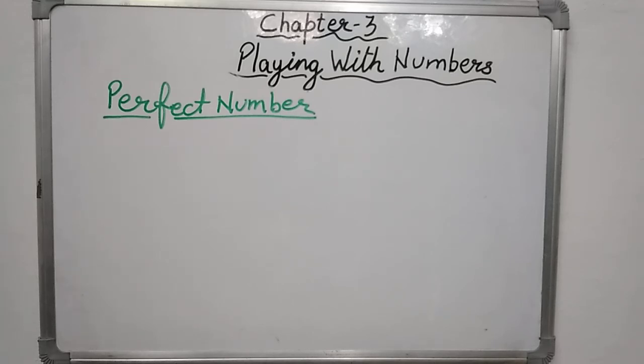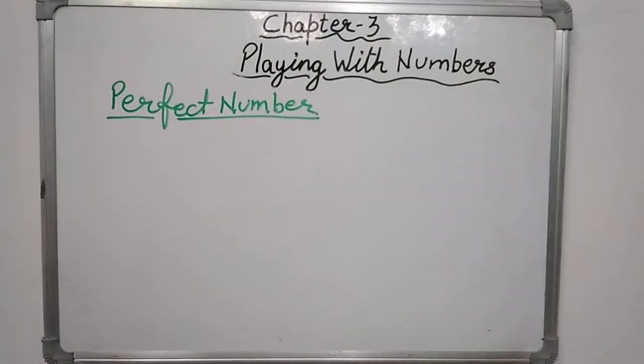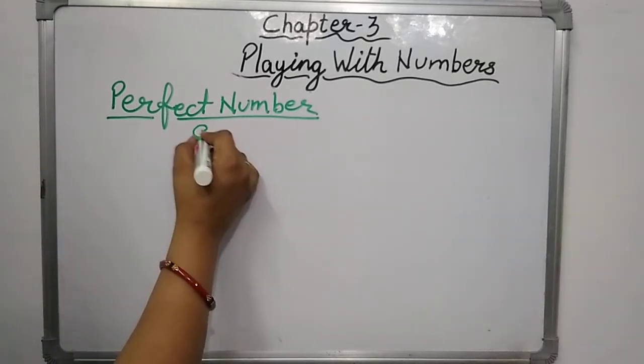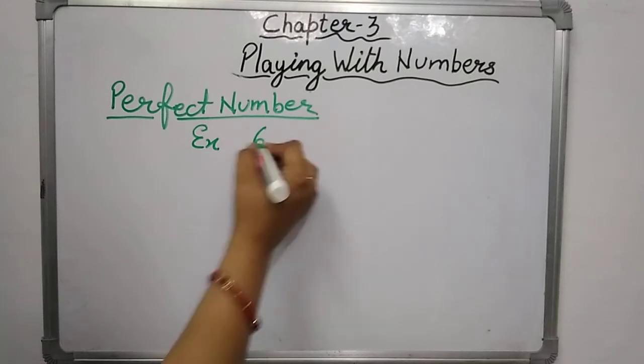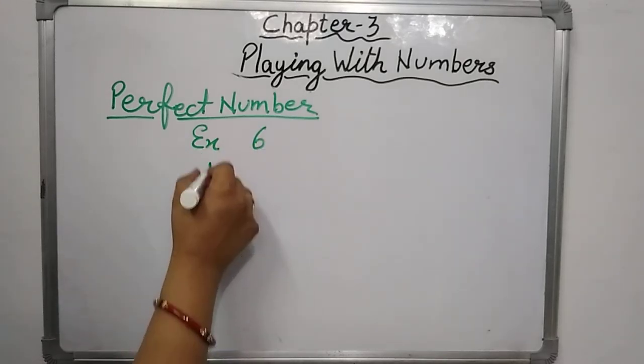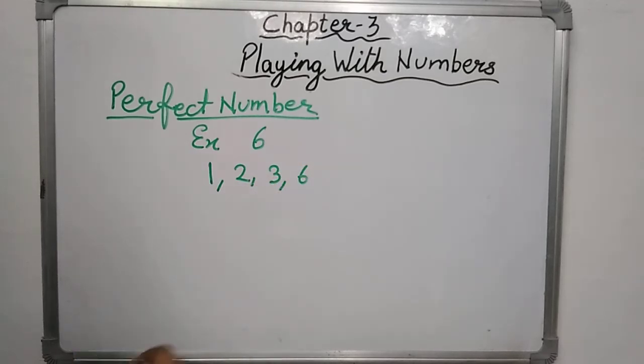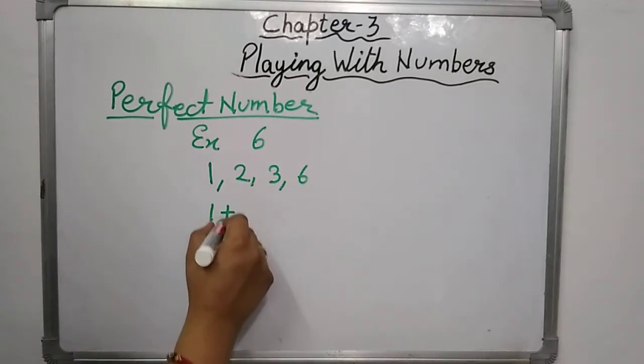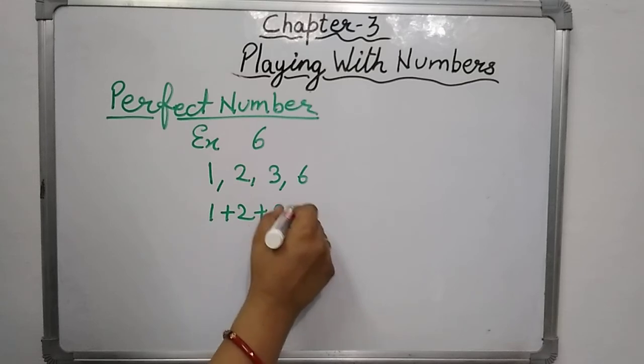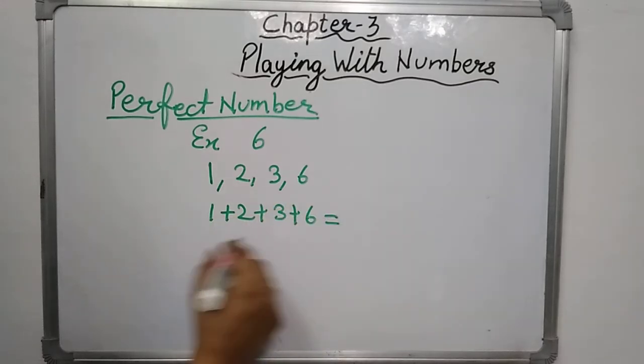That means if we add all factors of any given number, let's for example take number 6. Factors of number 6 are 1, 2, 3 and 6. Now add all these factors. So this is 12.